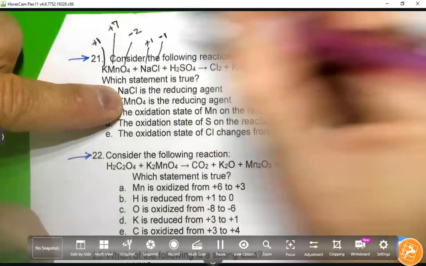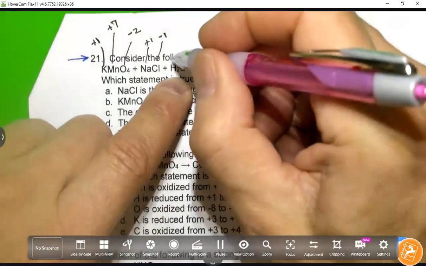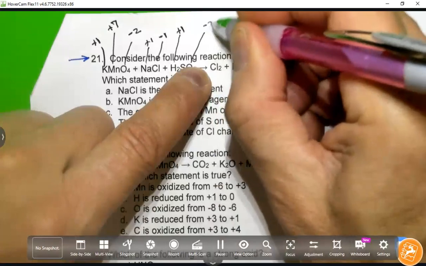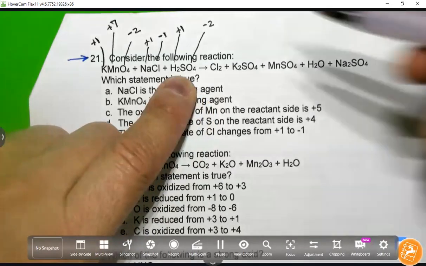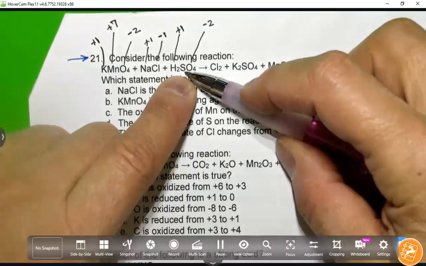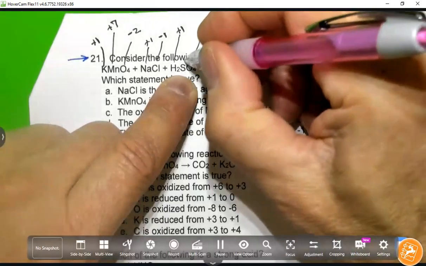+1 and -1 for sodium chloride. Hydrogen's always +1 and oxide -2. So what does that give us for the charge of sulfur? +6, right? You got a +6 here.